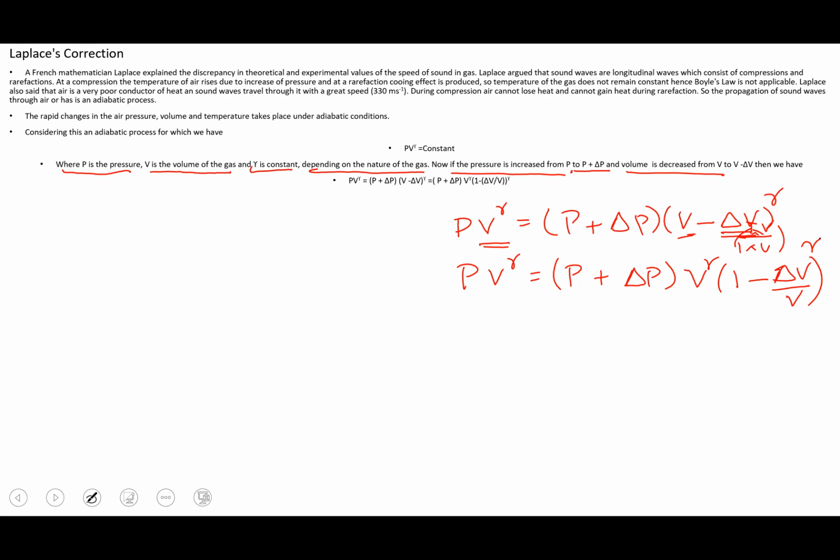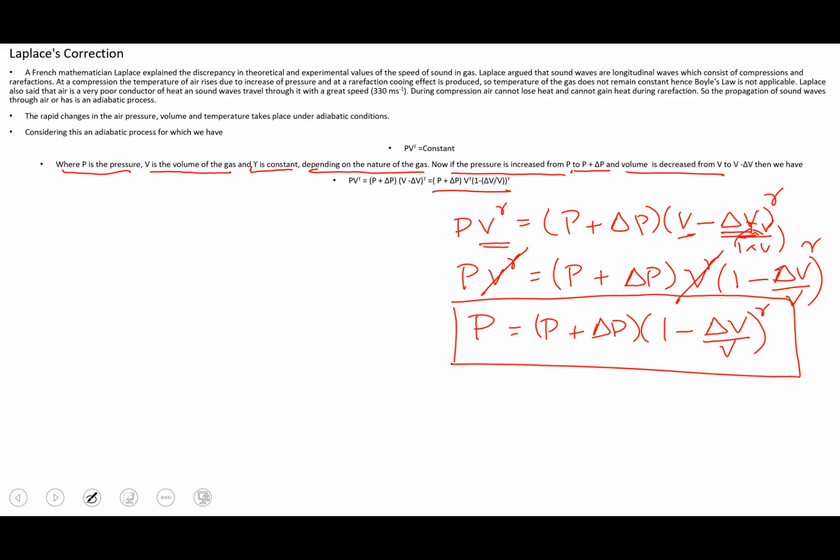Now, we have gotten up to this point. This V^gamma and this V^gamma cancel out. So what are we left with? We are left with P is equal to (P plus delta P) into (1 minus delta V divided by V) whole gamma. This is the point we have to reach.